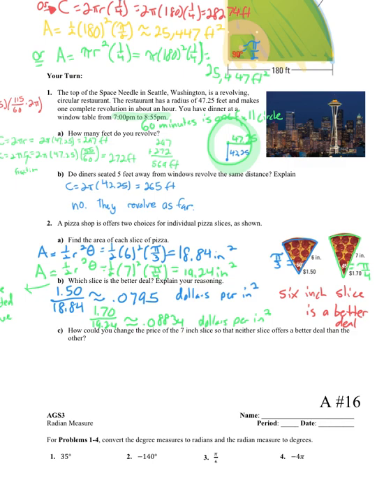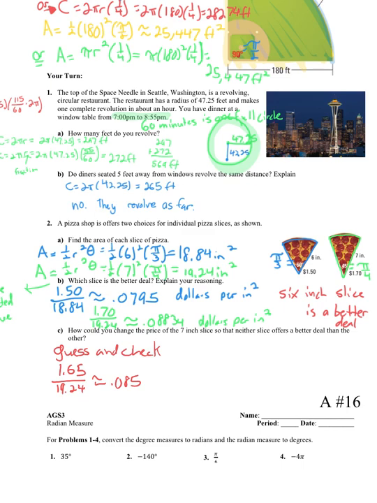But if you wanted to make them more competitive, how could you change the price of the 7-inch slice? What I would recommend is a guess and check here. Let's try dropping the slice price by 5 cents and seeing what happens. So we do 165 divided by 19.24, and we get 0.085.